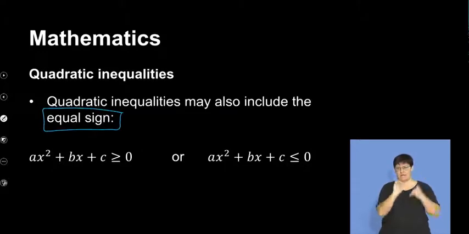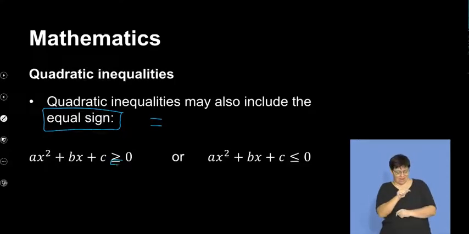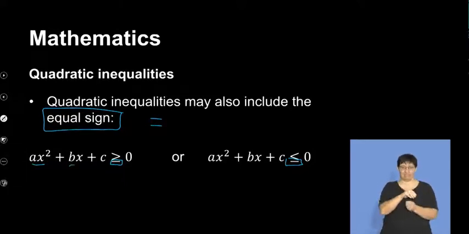Now, I know some people will want to see the actual equal sign on the inequality, but because the inequality is already the main sign, I'm just going to add in a bar there, and this bar will mean "or equal to". So the first one reads as ax squared plus bx plus c is greater than or equal to 0. You don't say equal to or greater than.